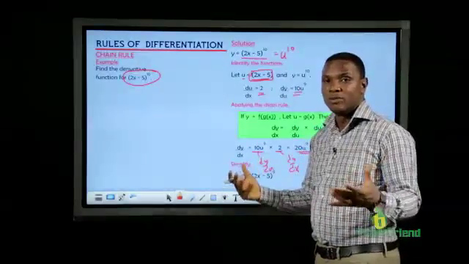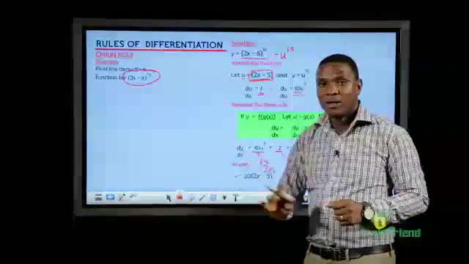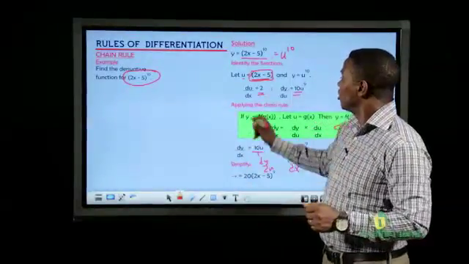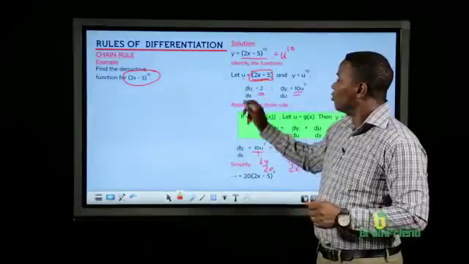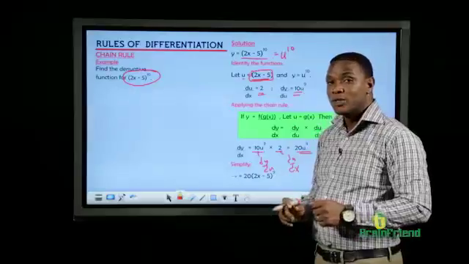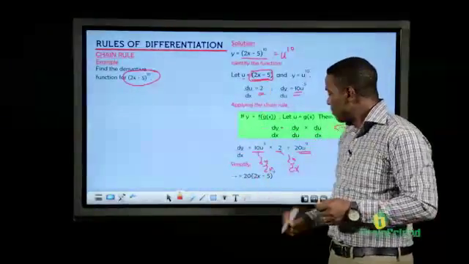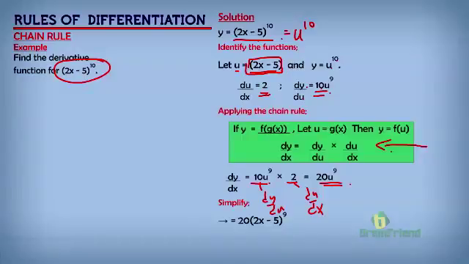Now it's simple, but we do not give our answers in this manner. Remember at the beginning, we said u would be used to represent 2x minus 5. So once again, we'll input the original value of our u back into this equation. And that would give us 20 times 2x minus 5, all raised to power 9.